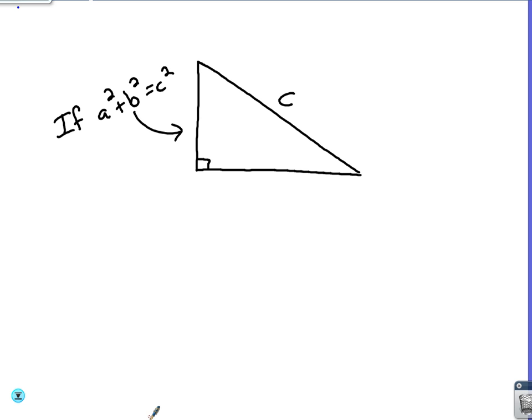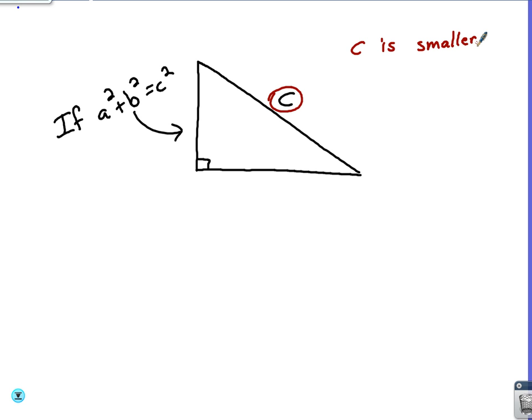Imagine taking C and making it smaller, to where it is no longer a squared plus b squared equals c squared, but now C is smaller. When you work it out, you've got a squared plus b squared here and c squared over here, and you find out the c stuff is smaller.